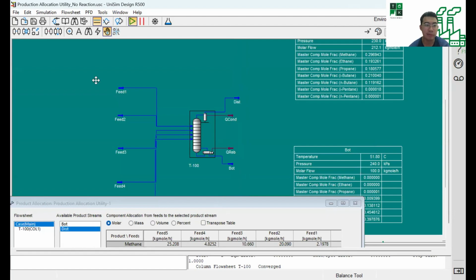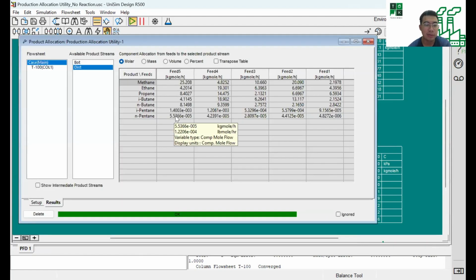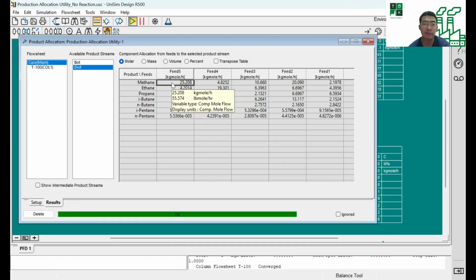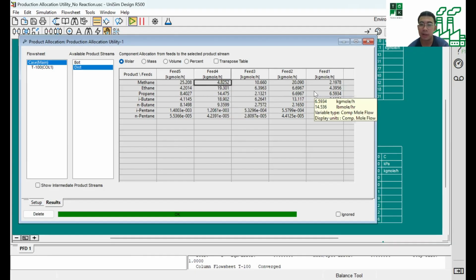So we see the distillate first. What this number means is that if FIT 5 methane is 25 kilomole per hour, it means that FIT 5 contributes 25 kilomole per hour of methane to the distillate. Okay, so FIT 4 contributes 4.82 of methane to the distillate, and so on.